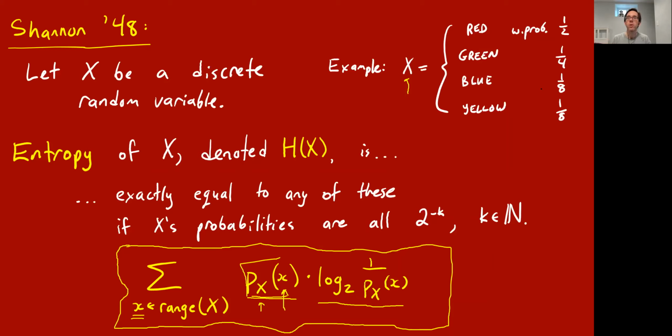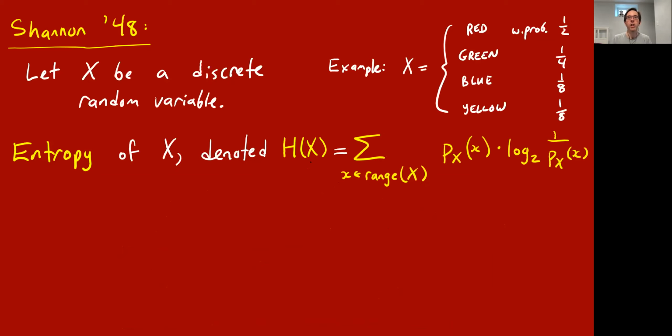So blue corresponded to, I don't know, tails, tails, heads, which corresponded to 3 flips, which is log base 2 of the reciprocal of 1/8. Probably you've seen this formula before at some point. This is the definition of the entropy of a random variable X. It's given by this formula.